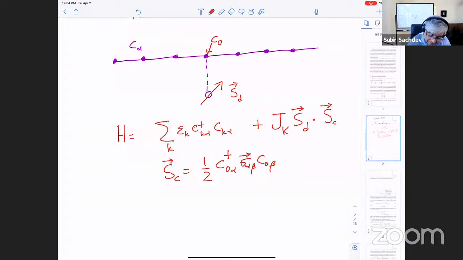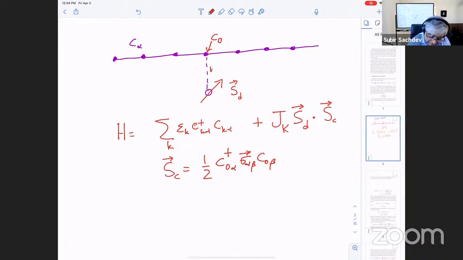Basically, roughly speaking, the magnitude comes from this hopping matrix element, W, between the impurity site and the conduction electron. Then just like in the Hubbard model, the Kondo exchange coupling is of order W squared over the repulsion of the electrons on this side, which is called U_D.